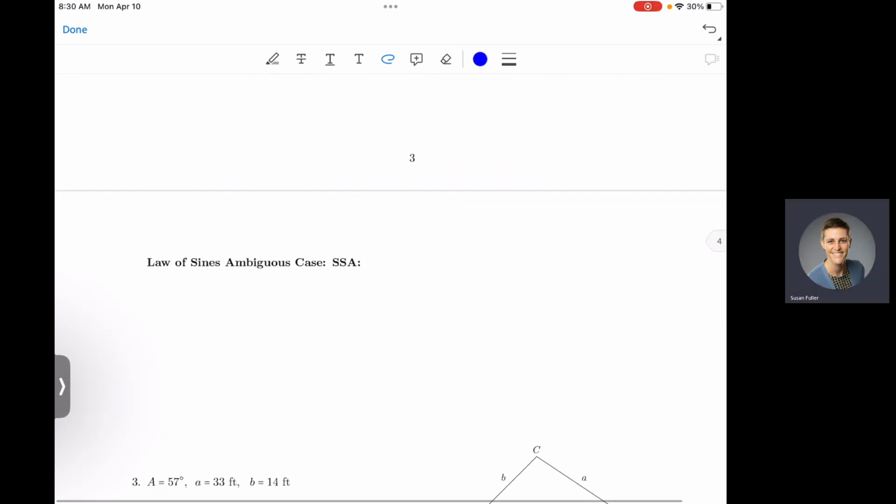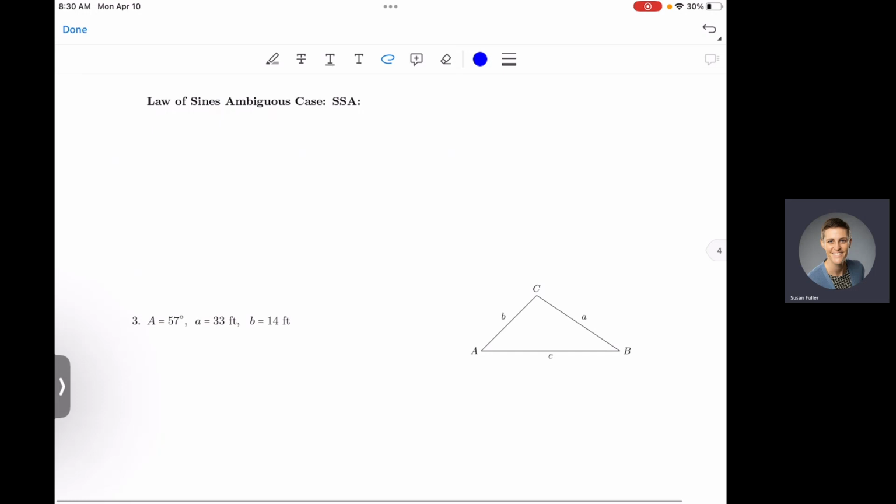All right, so law of sines, the ambiguous case here. So what makes the ambiguous case ambiguous? Well, that's because we can have 0, 1, or 2 solutions.